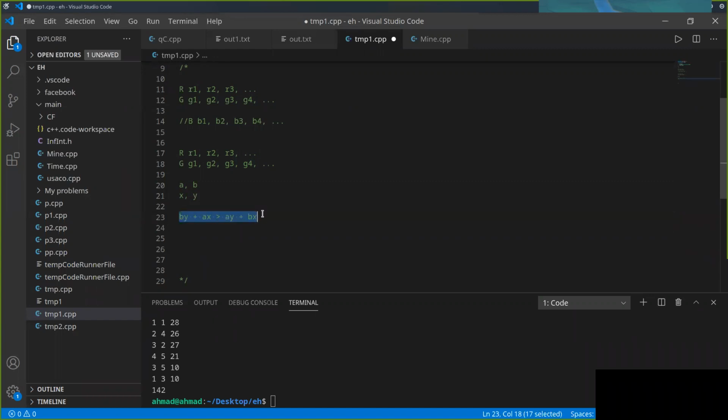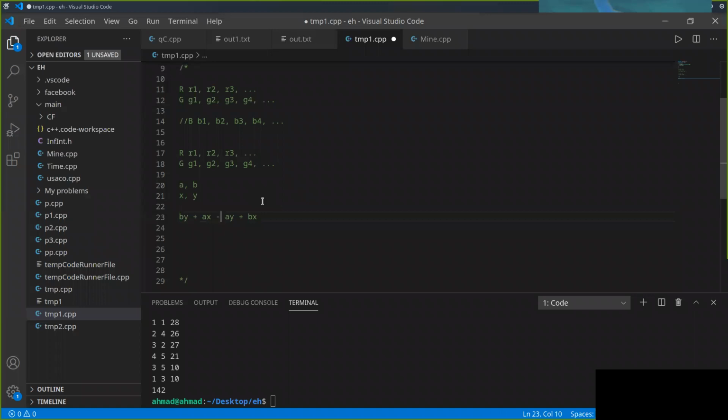How could we prove this? If we take the value of the left side and subtract the value of the right side, and left minus right is greater than 0, then for sure this is the greatest value, right?